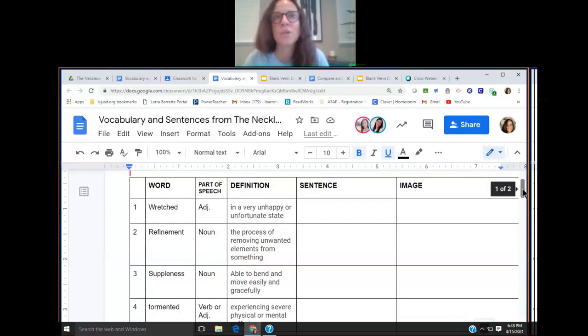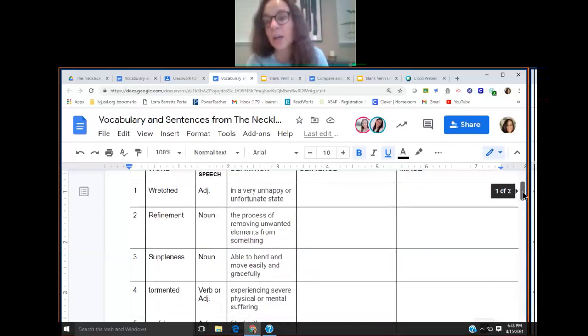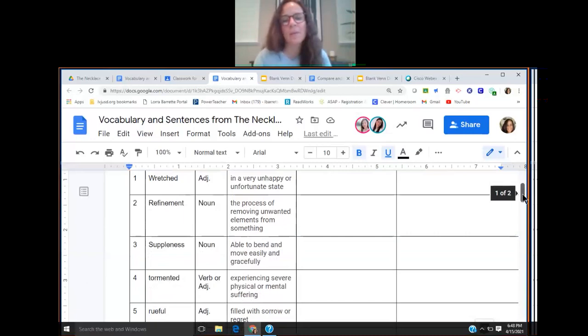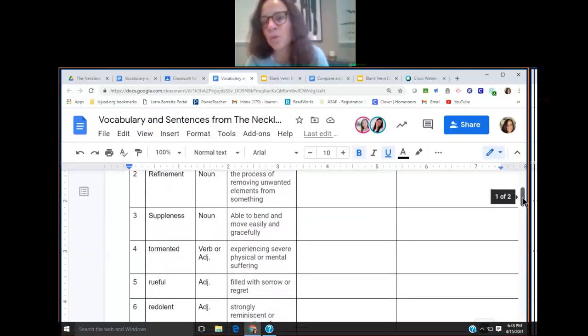She wants to dress up in nice, really fancy clothes. She wants to have beautiful jewelry. She wants to fix her hair and her makeup. So that would be refinement. She's getting rid of her messy hair. She's getting rid of her dull everyday clothes and she's refining herself. She is making herself more fancy.